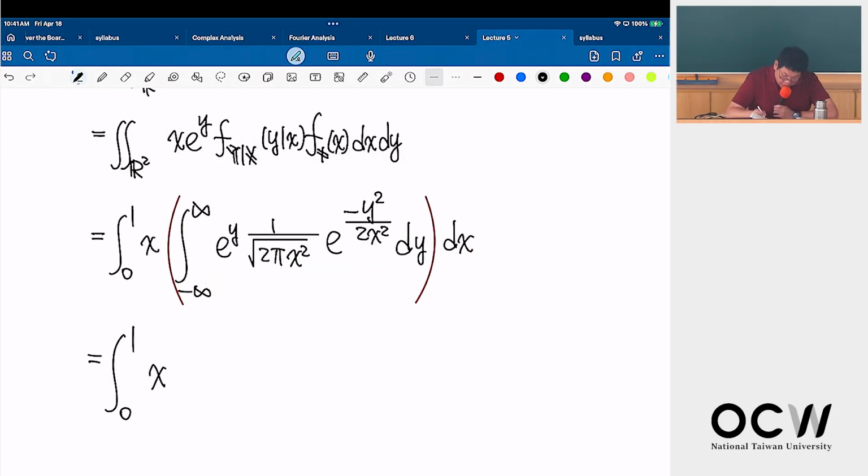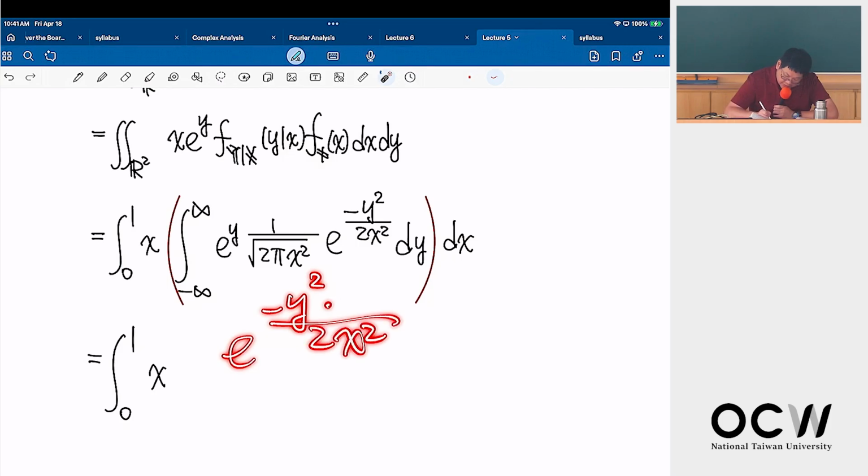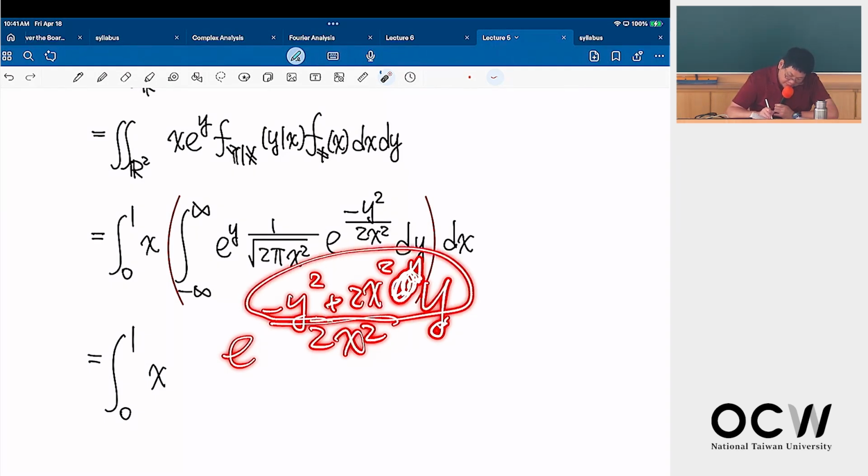We need to rearrange this part. The variance is still x squared, but how about the mean? Because here I have e to the minus y squared over 2x squared, times e to the y. No, 2x squared y. So I need to make this a perfect square.